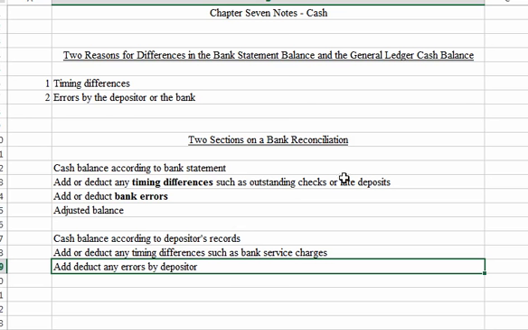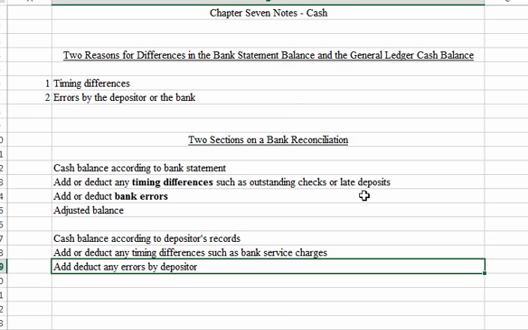With the timing difference, it'll be an adjustment to the party's balance that found out about the transaction second. Like up here, outstanding checks. The business knows about them and deducts them first. The bank finds out about them second. They're an adjustment to the bank's balance.